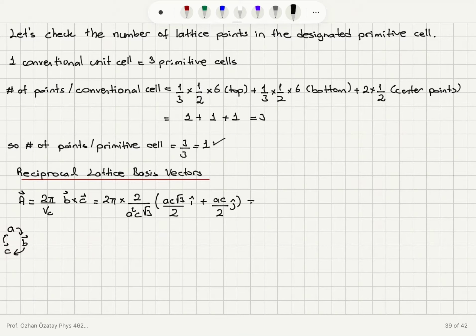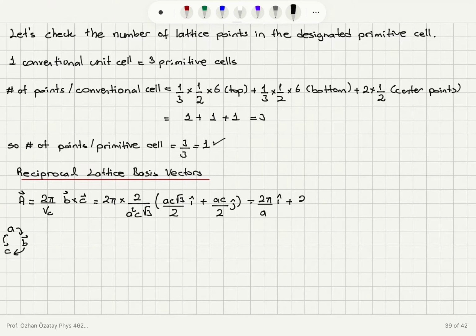So that gives me, you can see that the AC square root 3's will cancel for the I hat component. I will be left with only an A, and the 2's will cancel. So I will have 2 pi divided by A I hat. And for the J hat component, I will have AC's cancelling. So I will be left with A square root 3, and the 2's will cancel.